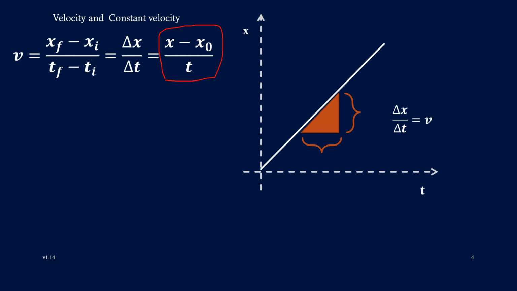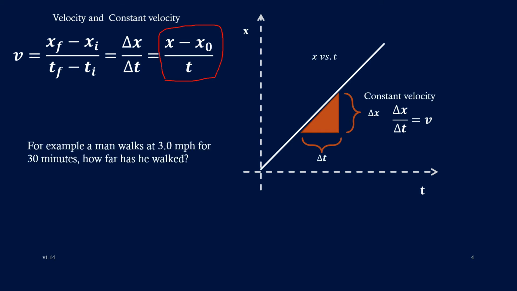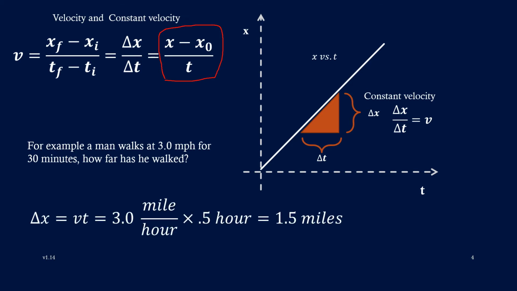But this velocity is constant, meaning there is no acceleration. So let's look at an example. And we just have to solve for delta x, plug in the numbers, and how far has he walked? 1.5 miles.